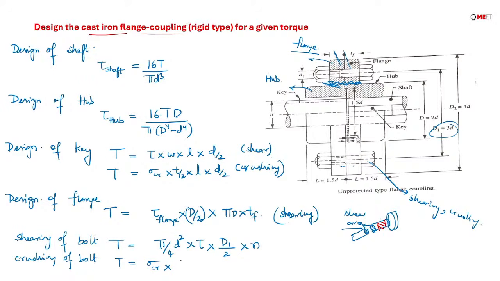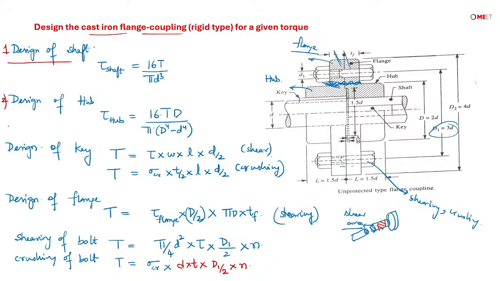So crushing stress into crushing area, that is diameter into thickness of the flange, into, as the bolts are present at a location of capital D1 by 2, capital D1 by 2 into number of bolts.